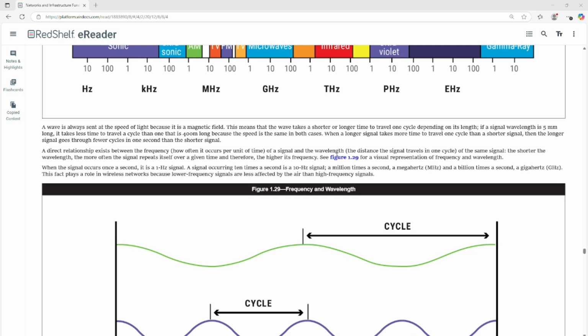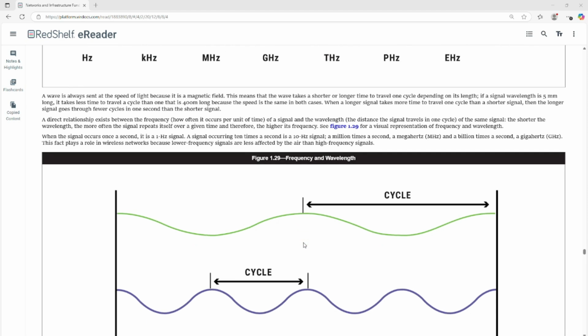So how often it occurs, and how far it runs. That's the relationship. The frequency is how these things are rolling left, right, up, down, and the wavelength is just the distance from point A to point B.